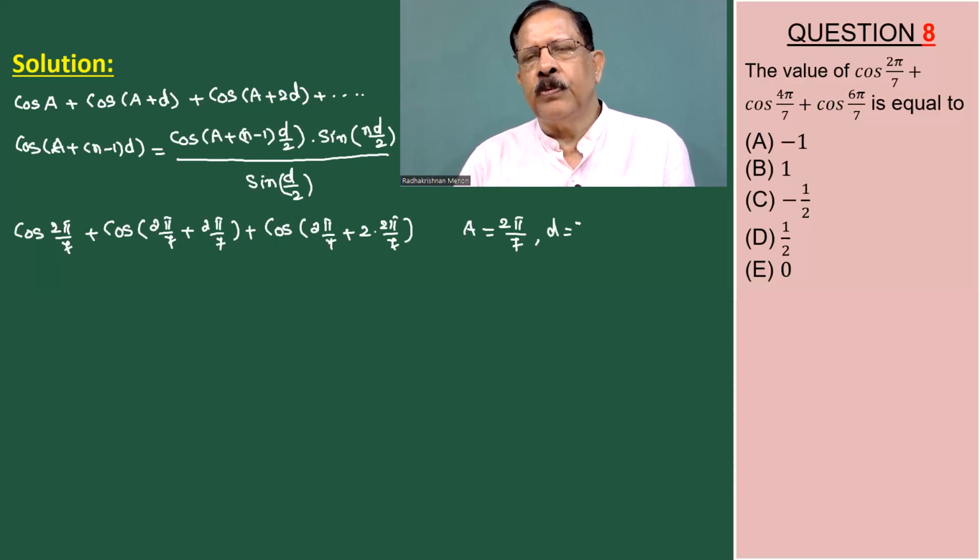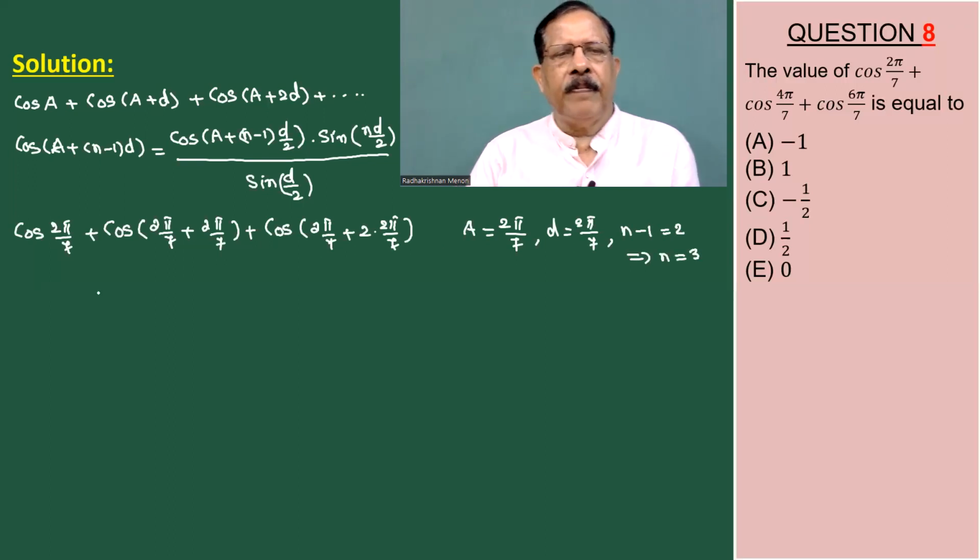D is equal to 2π/7, n minus 1 is equal to 2, which implies n equals 3.